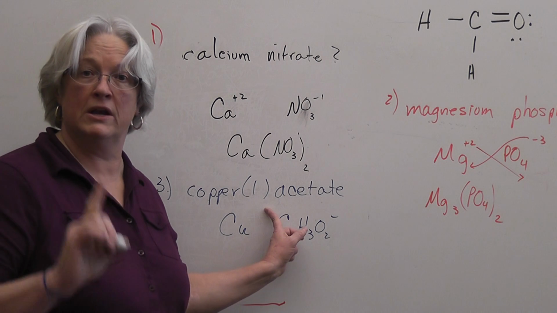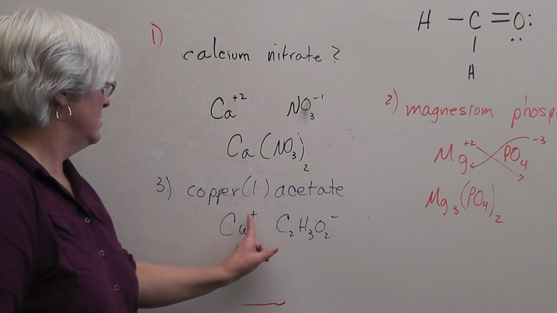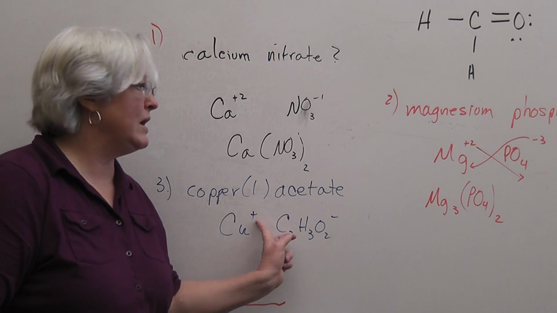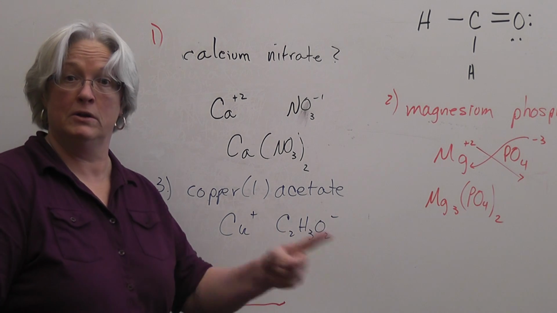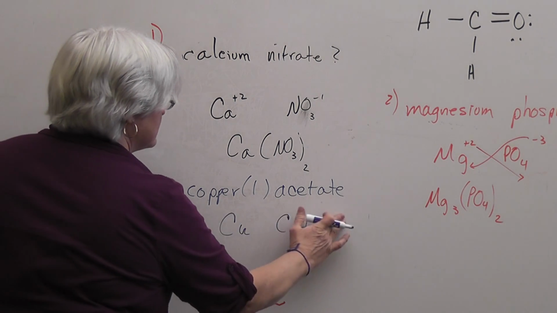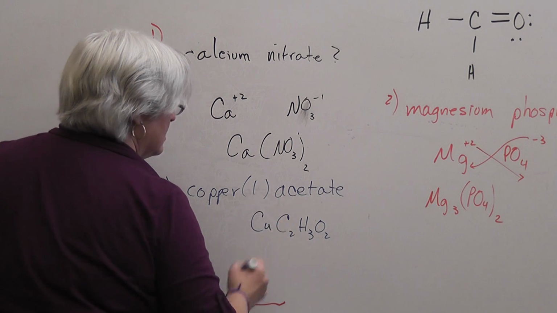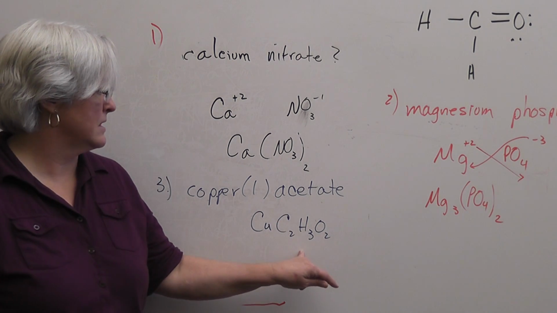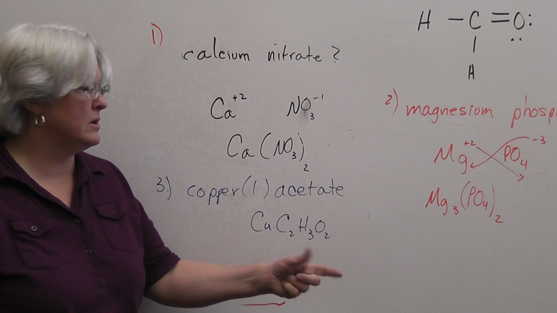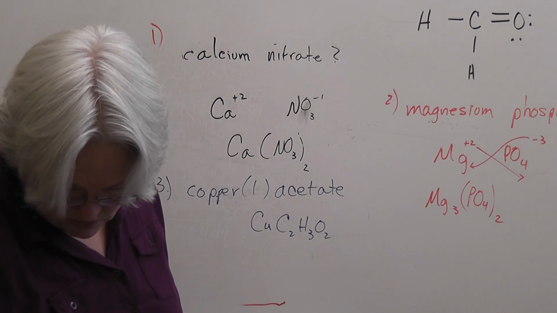This is copper 1, it has a positive charge, +1 charge. This has an electron giveaway. This needs an electron. This is the same. So copper acetate is simply Cu C2H3O2. So that's how we're going to work on these 2 together.